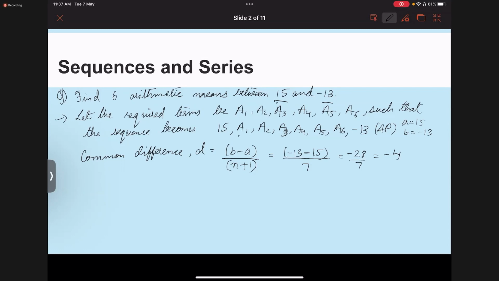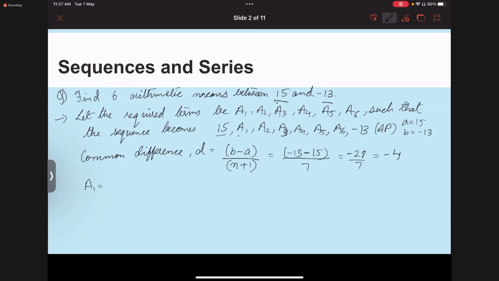Now we can easily find all of the arithmetic means. We are calling it arithmetic mean, but you don't have to solve it with the arithmetic mean concept. Once you find your d, and we already know our first term A, we can easily use the formula for the general term of the arithmetic progression.